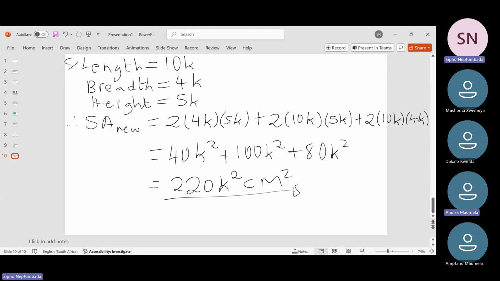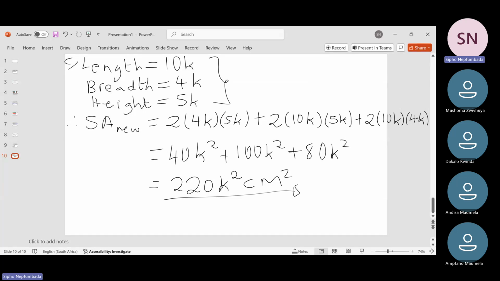Since you've already calculated the surface area in question A, can you just skip straight to the answer, but add a k squared? Yes, but here we must show them that if the thing is multiplied by k, we are going to have this.